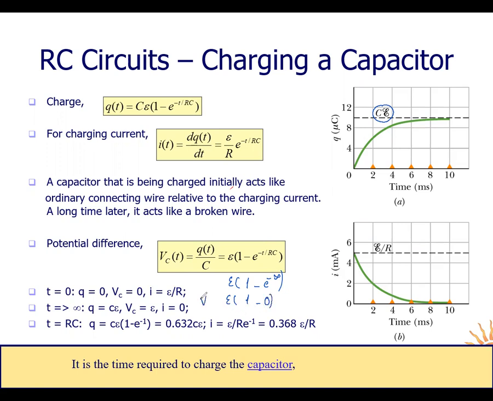So V at the capacitor at T infinity equals E. So the voltage at the capacitor at T infinity equals the voltage at the battery, as you see here. Okay, and also at T infinity we don't have current.